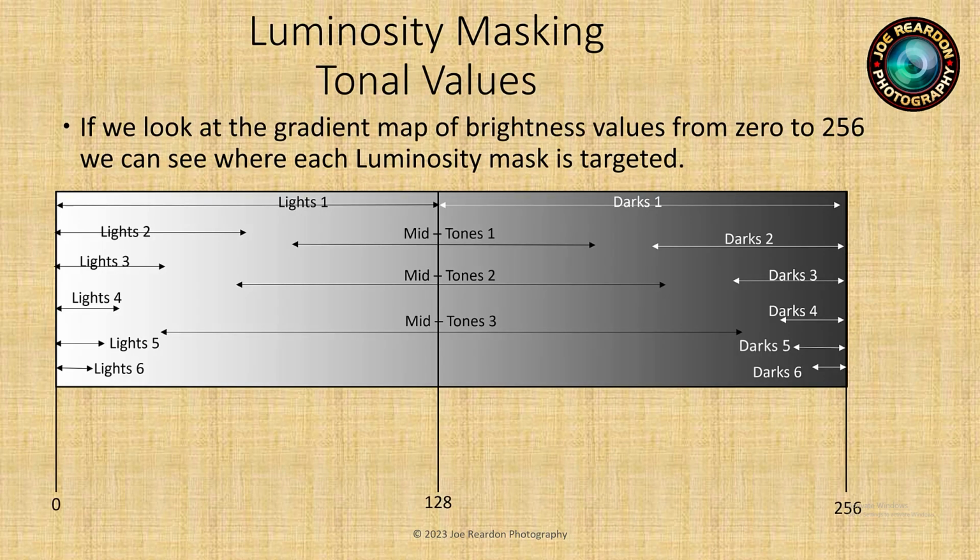To give you an example here, if we look at the gradient map of brightness values from 0 to 256, we can see where each luminosity mask type that we're going to be using is targeted. So we go from lights 1 to lights 6 on the light side, and on the dark side, darks 1 to darks 6, which is very constrained. And we have 3 midtone masks, midtones 1, 2, and 3.